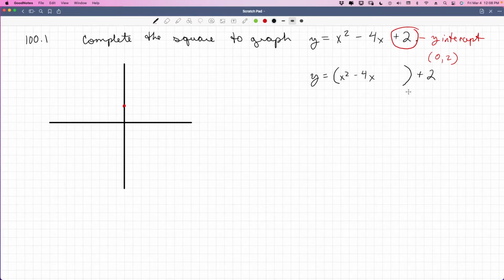Now, whenever we would do this around an equal sign, whatever we would add here, we would add here. But we don't have an equal sign to move about or to add to both sides to keep it balanced. So in order to keep this balanced, whatever we add to it, we're going to have to subtract from it as well. I know it seems like that is pointless.